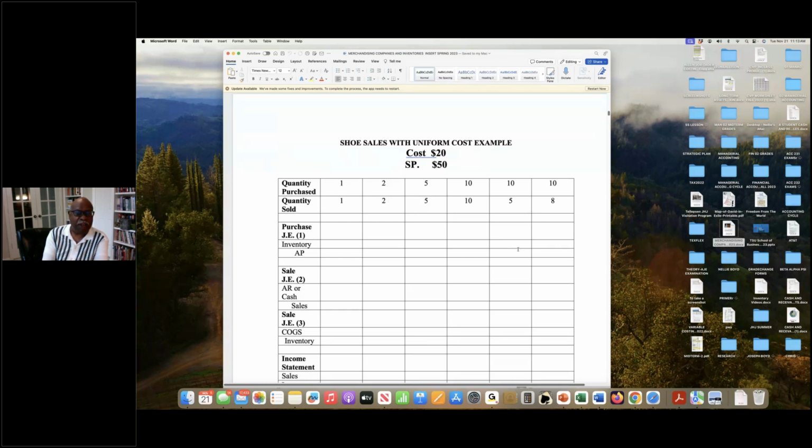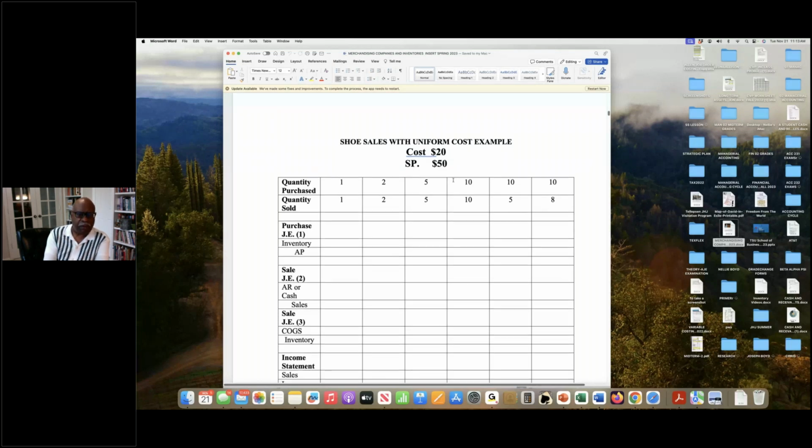Let's go back and review our example. We just went into this last one where we bought the inventory for 20 and we sold it at 50. In this last one, we purchased 10. So if we purchased 10 items, we would debit inventory for 200 and we credit accounts payable for 200.